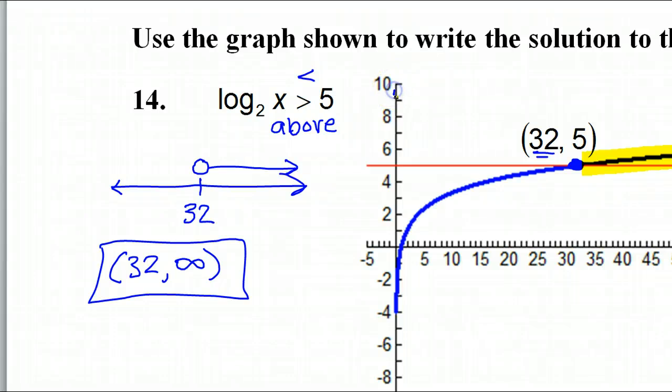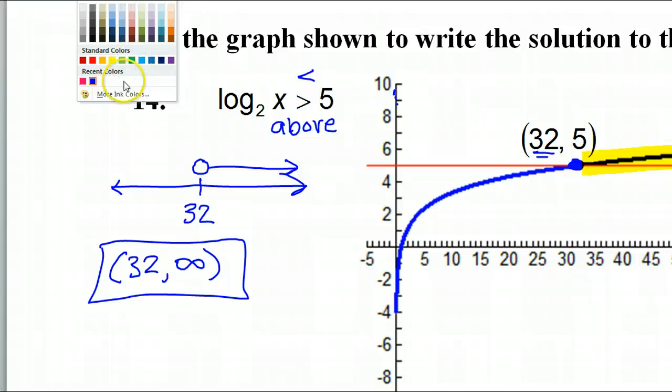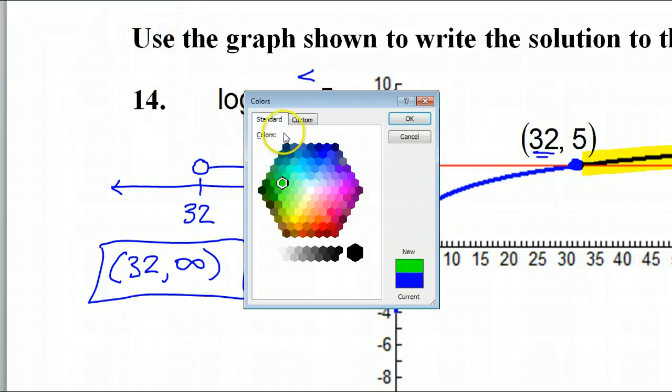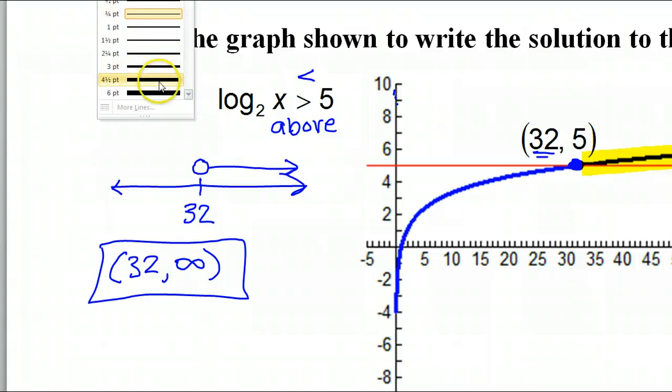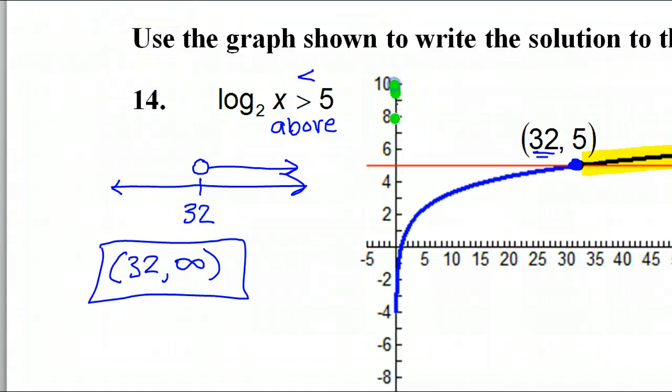Please remember that for log functions, the y-axis is an asymptote. Wow, that's big. Deal with it. That's the asymptote. So the graph doesn't go to negative infinity. Log functions don't go to negative infinity. It stops here at 0. In fact, it doesn't quite reach 0.